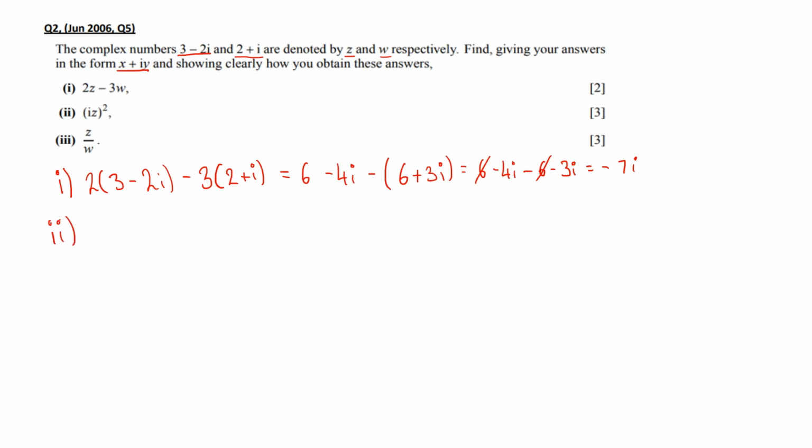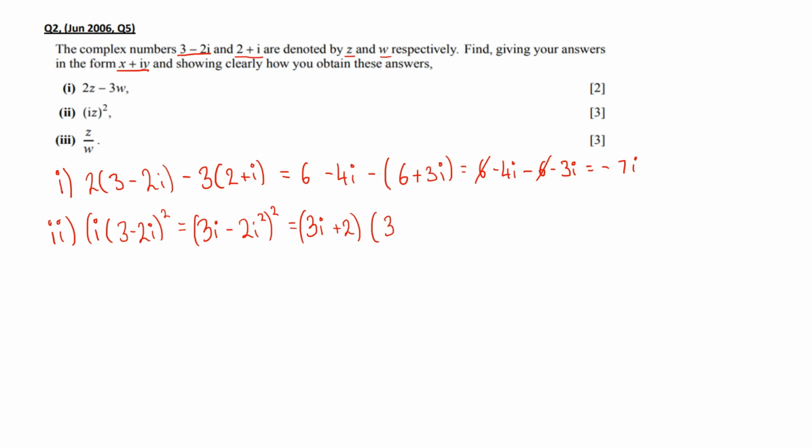Part ii. So we've got iz, z being 3 minus 2i, all of that squared. Deal with the squared in a minute. We'll deal with the inside first, I think. So 3i minus 2i squared. Well, this is still squared, which is equal to 3i, and then this is minus 1, so that's going to be plus 2, and this is squared, so we're going to have to expand this bracket.